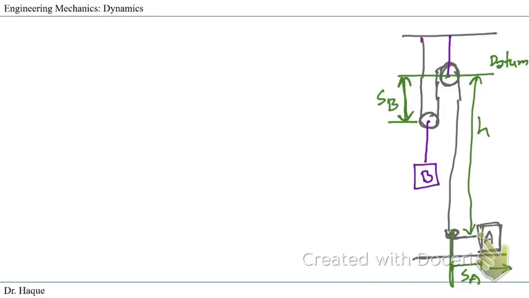If we take that, we see that this length of the rope is always fixed, because the pulley can only go up to this point. Since the pulley diameter is fixed, this length is fixed too.